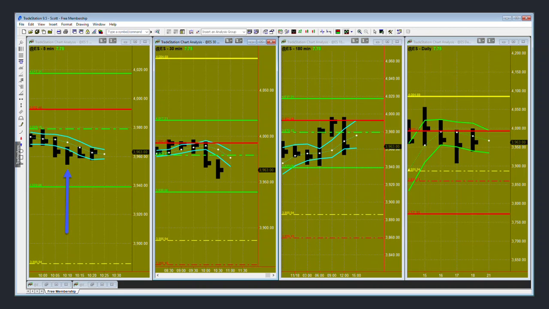The 5-minute is now starting to swing sideways a little bit, maybe putting in some support, but this 30-minute chart is still well below the envelope bottom. Now on the 180-minute, see where this is holding? It's holding right at this spot here. So that's higher time period support, and we're just going to wait and see what happens.